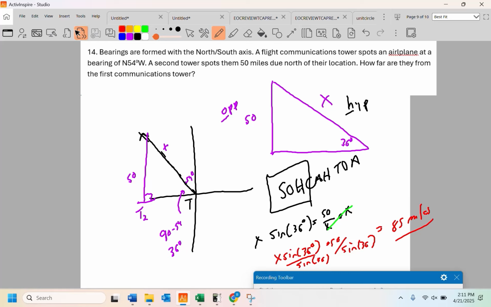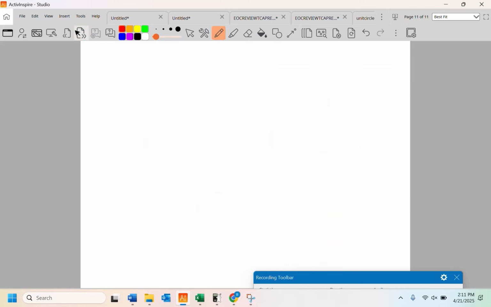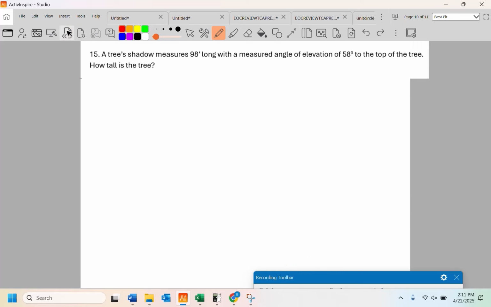All right, moving on. Almost done with this sheet. I think this is the last one. It is. The tree shadow measures 98 feet long with a measured angle of elevation of 58 degrees to the top of the tree. How tall is said tree? So there is a big giant tree. Here's my ugly tree.